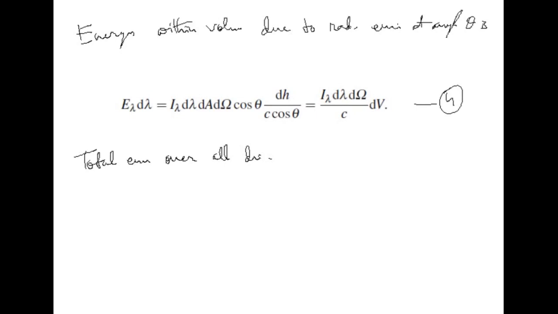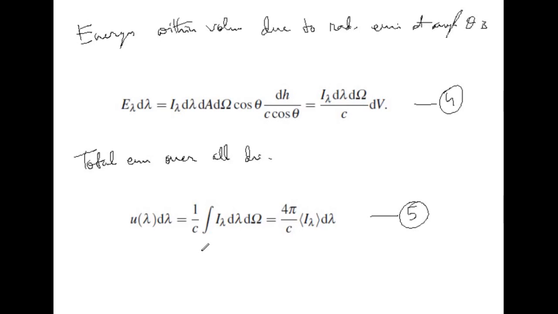So let us do this, and then we will have this result here, and this is your equation 5. So basically we can recover the Blackbody energy density if we replace this I lambda by B lambda. Then we will have the Blackbody energy density.